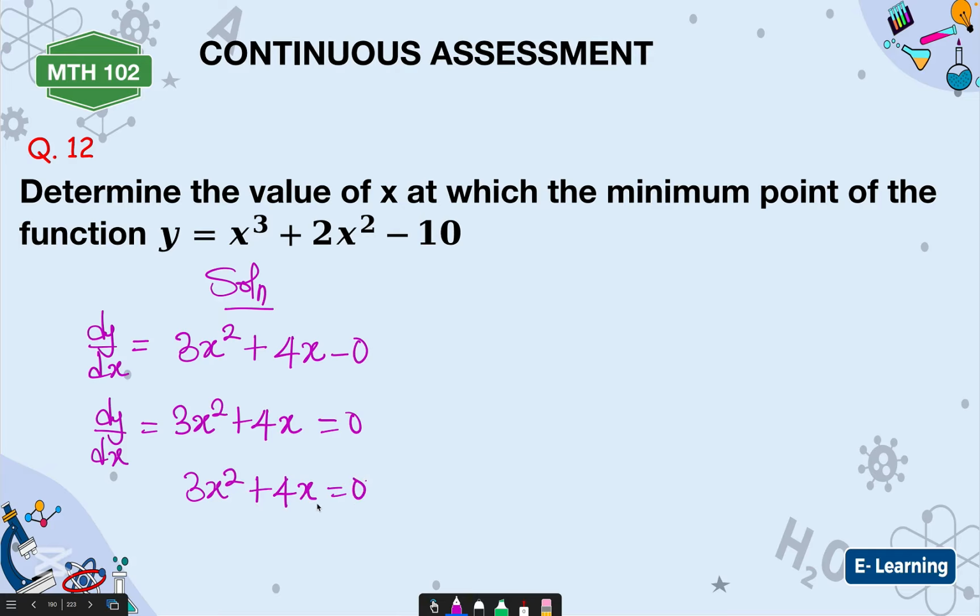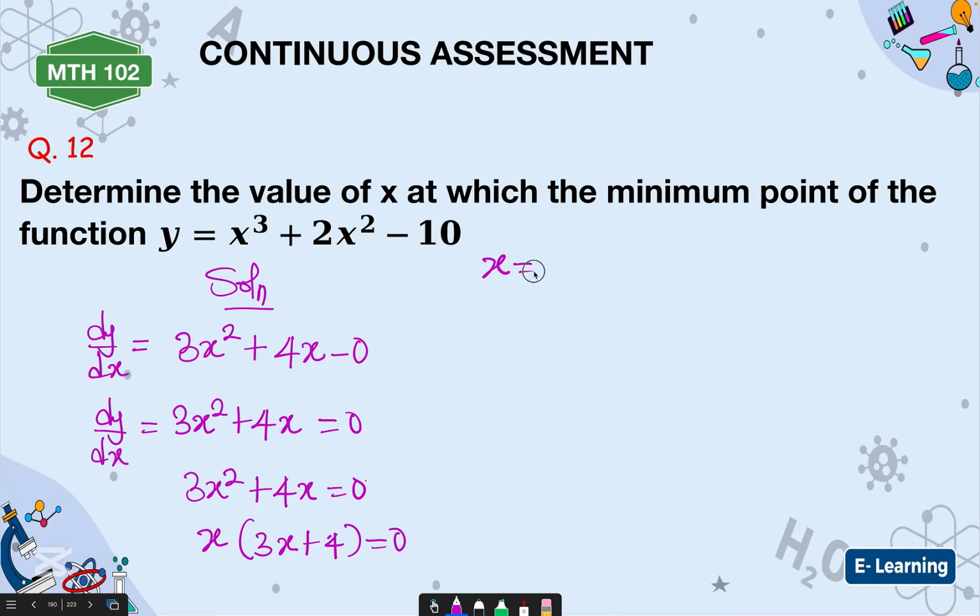This will actually give us the stationary point, which can be a minimum point or a maximum point, as the case may be. All right, so let us look for x. x can be two values since the highest power here is 2. What is common between this and this, of course, is x. So you have x bracket 3x plus 4. If you take x out, you are left with 3x plus 4 equals 0.